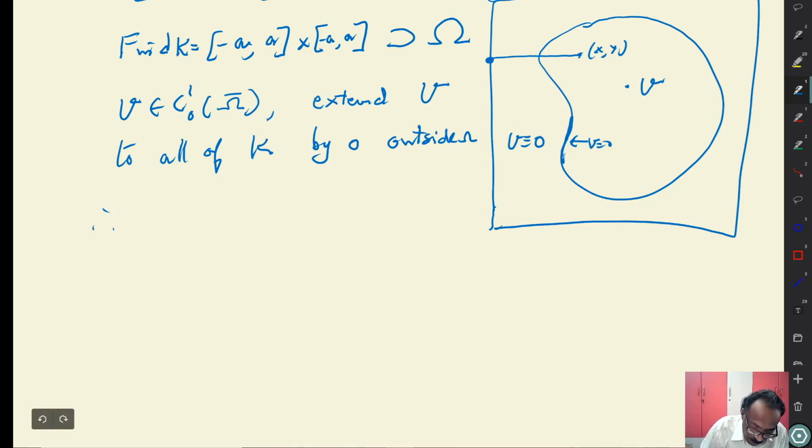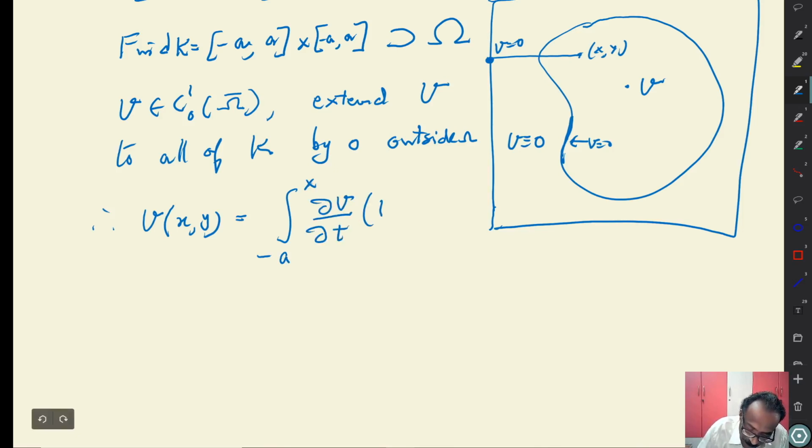Therefore, v of (x, y), and v at this point is 0. So you can apply the fundamental theorem of calculus, and you get minus a to x, integrating with respect to t, dv by dt at (t, y).